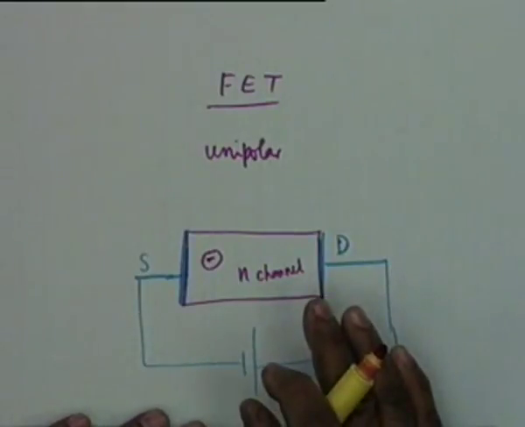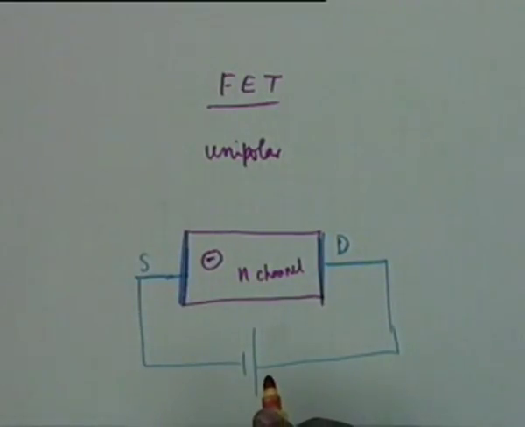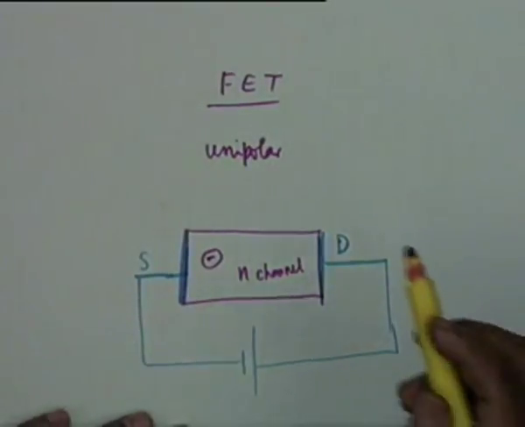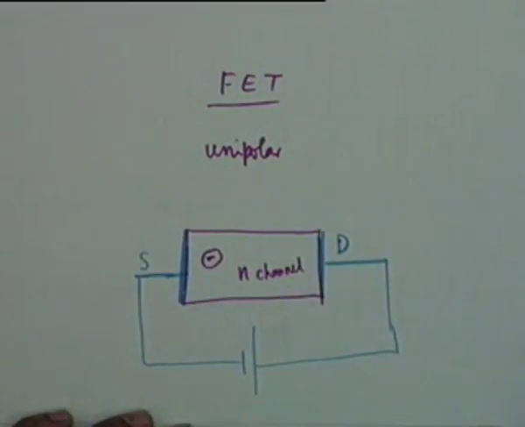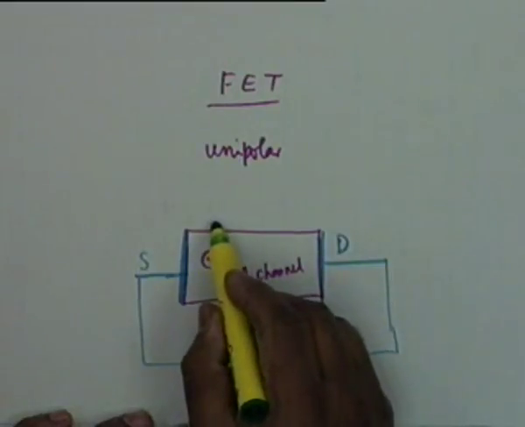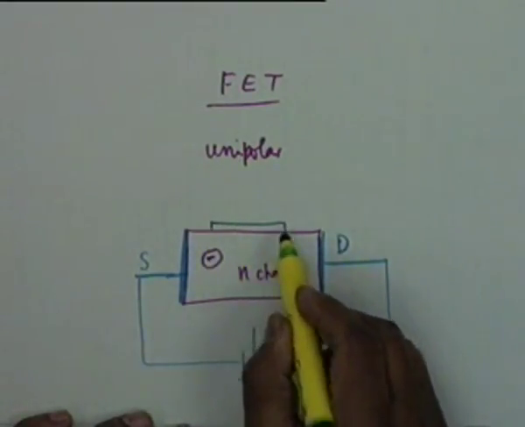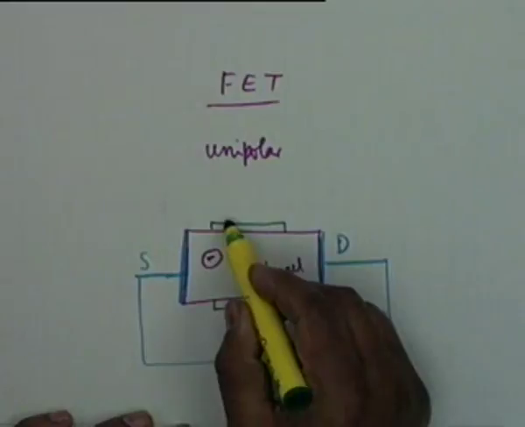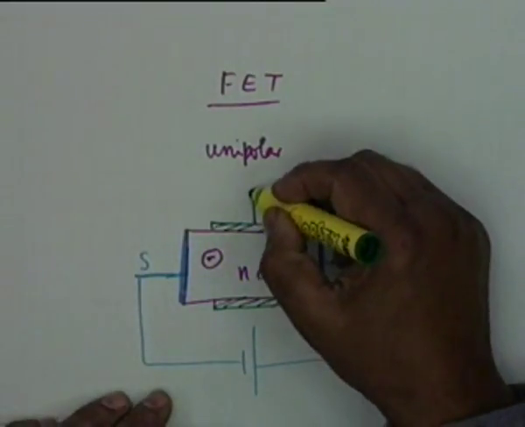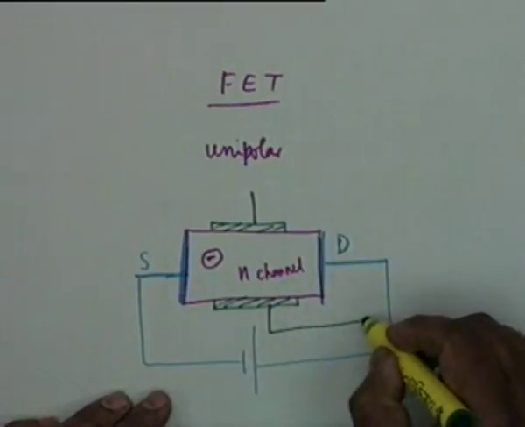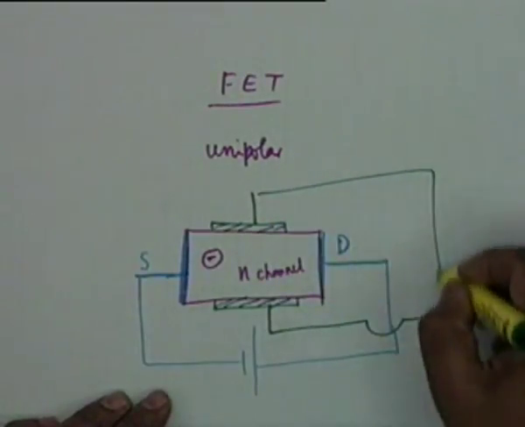This current is controlled by a field applied between this terminal, let me use some other color, and some mechanism which I shall come to a little later. This terminal, while these two are connected together.